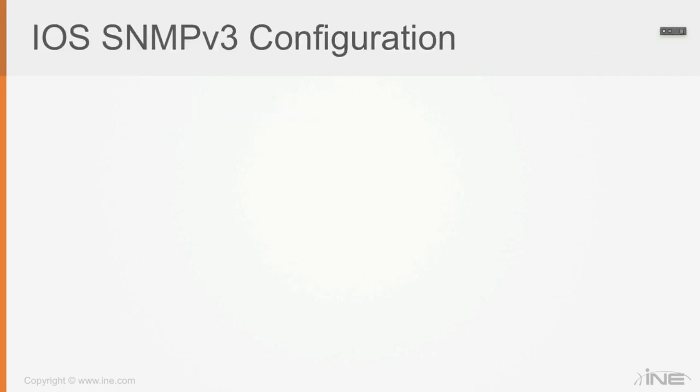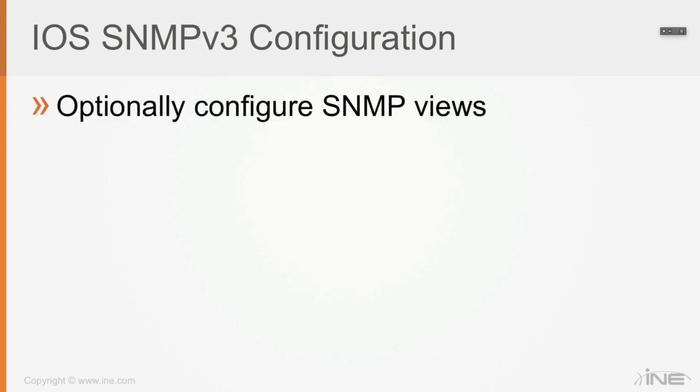Now, configuration-wise on the IOS, we first of all optionally configure SNMP views, which means if you want to restrict what MIBs the manager can actually see, you define the views in there.